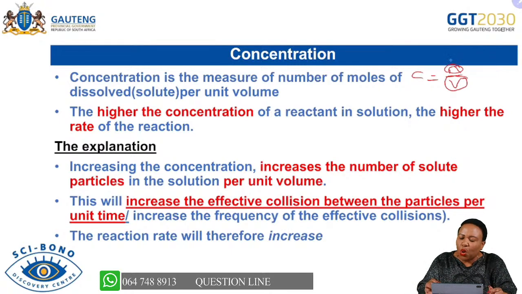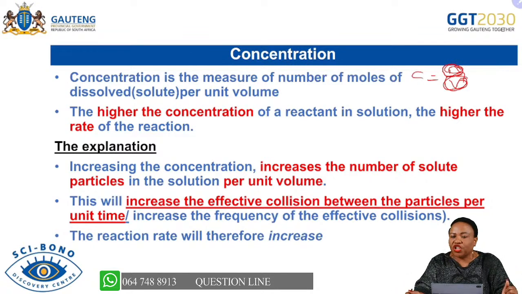We already know that if you have more solute than solvent, you will definitely have a higher concentration. But if you have more solvent than solute, you'll have a lower concentration.